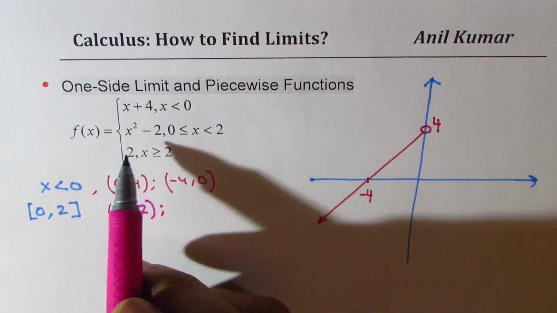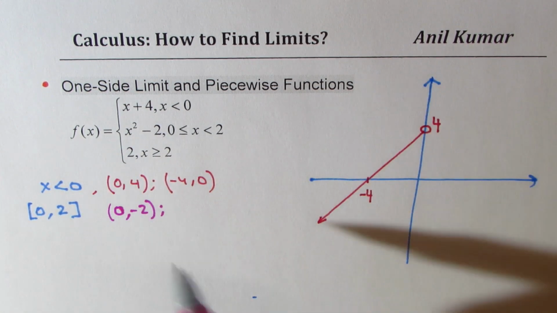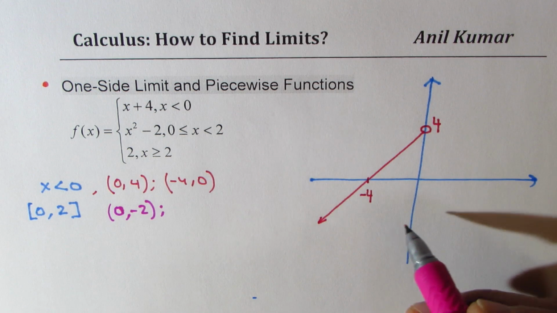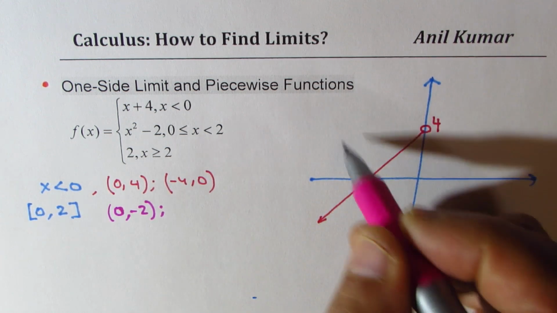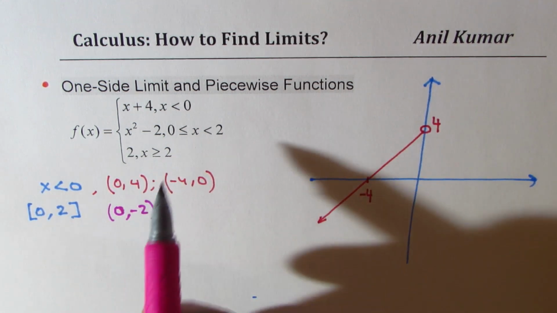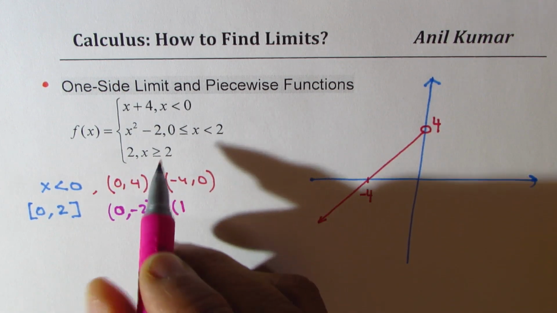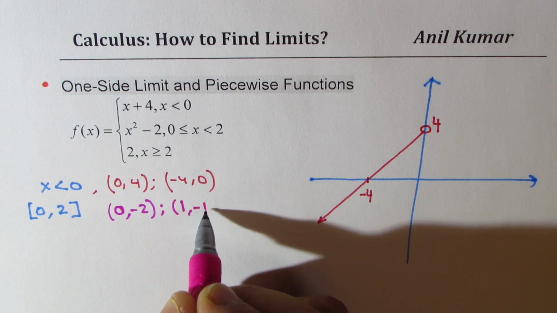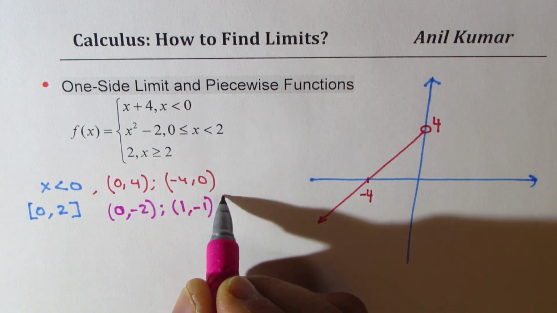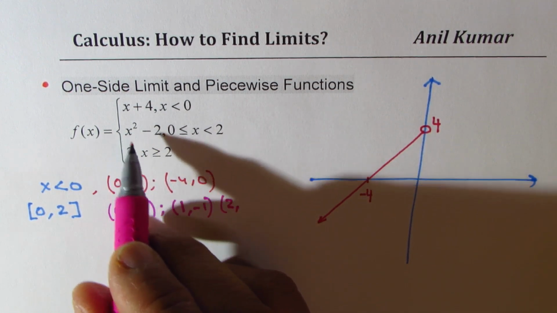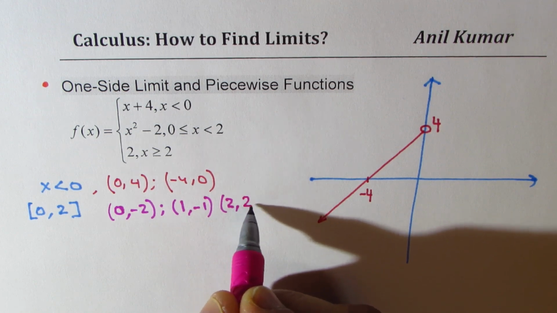Okay. Now we know this is a parabola. We just moved 2 units down. So it's kind of like this. Is it okay? We know the shape of the parabola. Fine. If I take x as 1, then the value is minus 1. And if I take x as 2, I get 4 minus 2, which is 2, right?